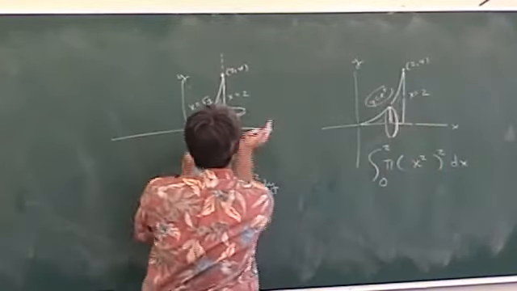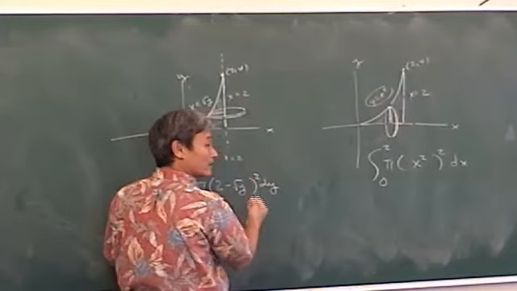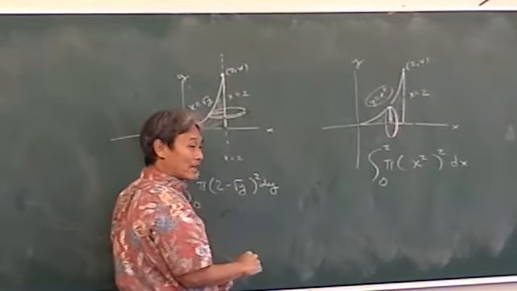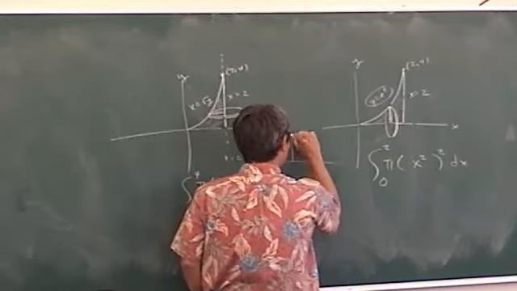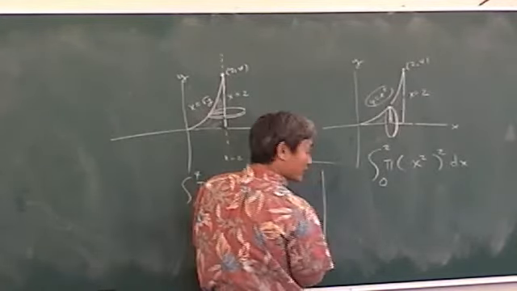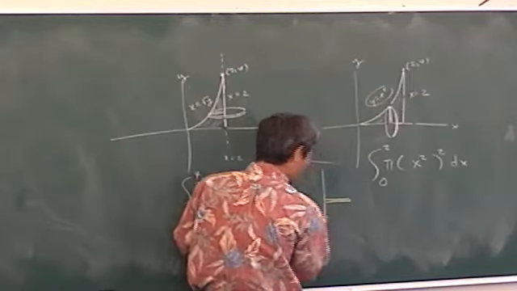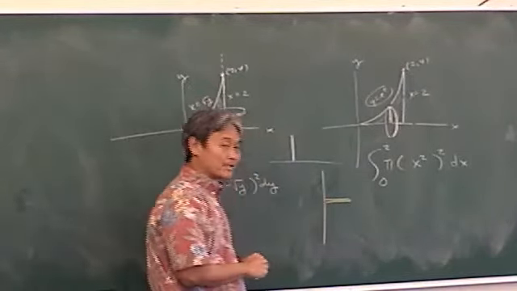But this one, we're revolving it about this line here, so it's going this way. You guys understand that concept? If the axis of rotation is horizontal, then the rectangle has to be vertical to make the disk. But if your axis of rotation is vertical, then you gotta make the rectangle horizontal to make a disk. So this one's gonna be dx, that one's gonna be dy.